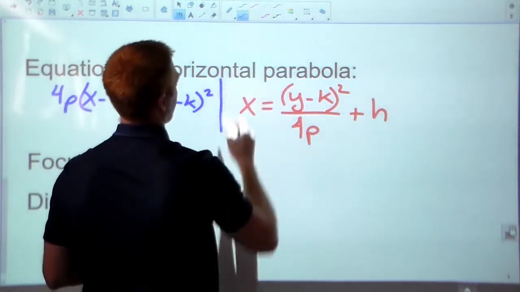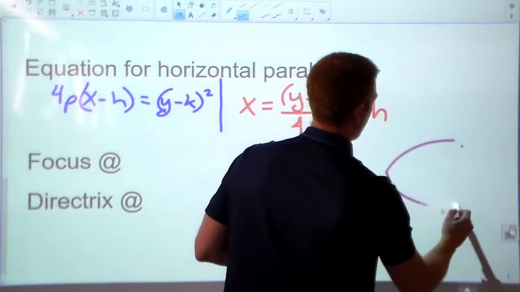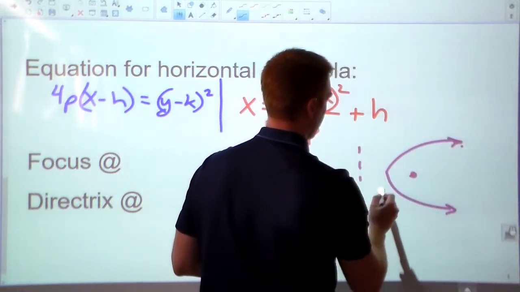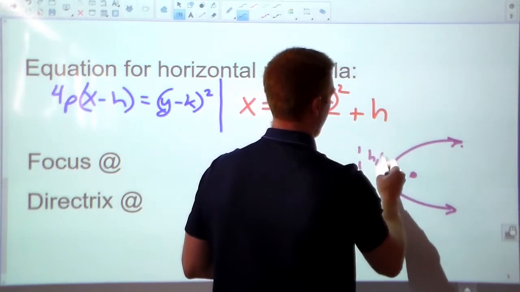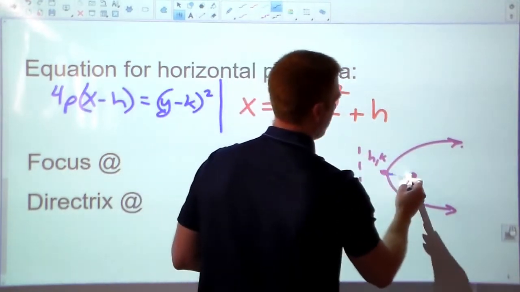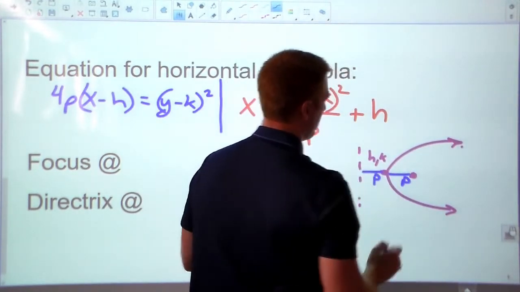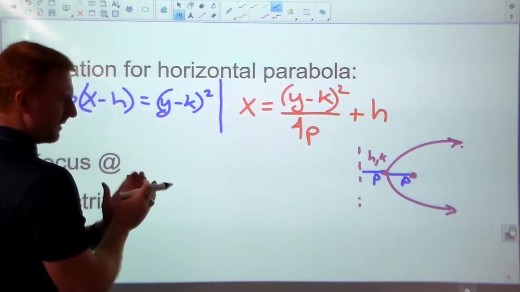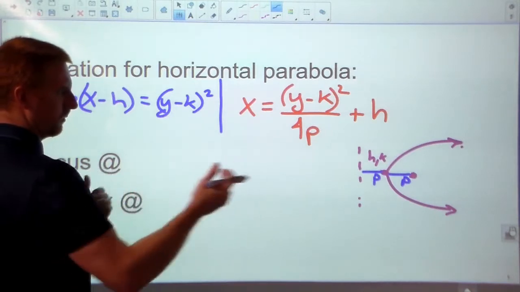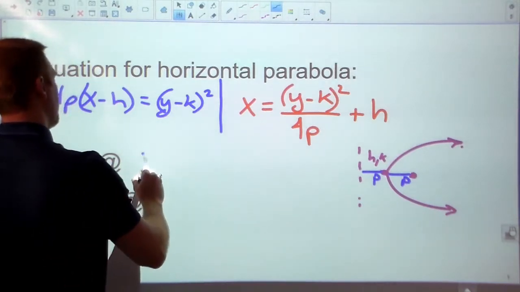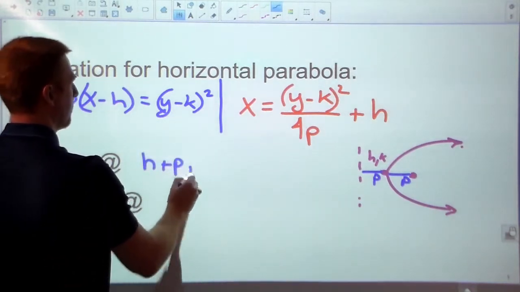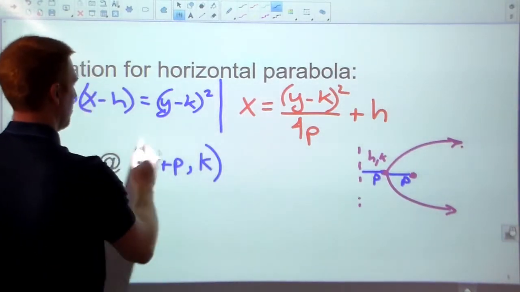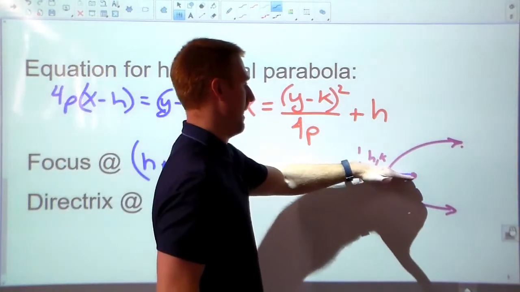All right, just to make a quick sketch here. It's sideways, the focus is inside the parabola, directrix is behind it. Still (h, k), and we're still looking to be p away for the focus and the directrix. So with the focus, this time you're changing the horizontal value, so it's h plus p, but your k value, your y value, is still going to be the same, because you're not moving up or down to get to the focus.